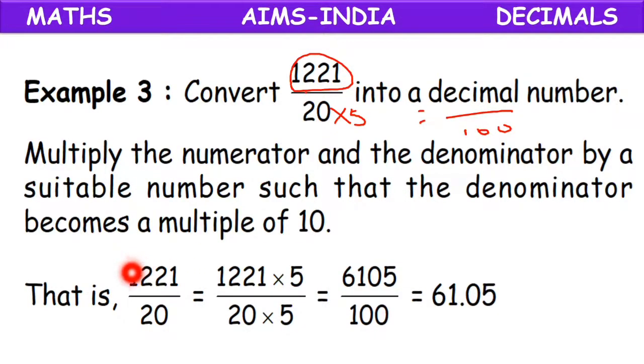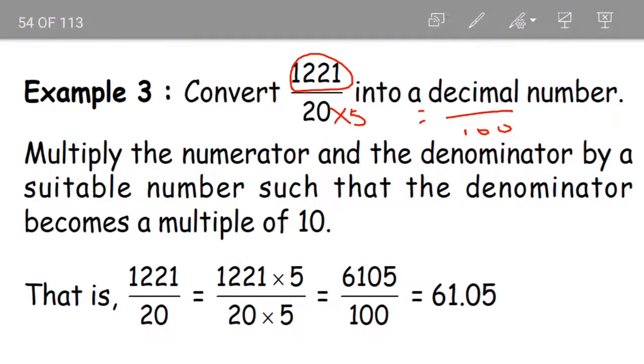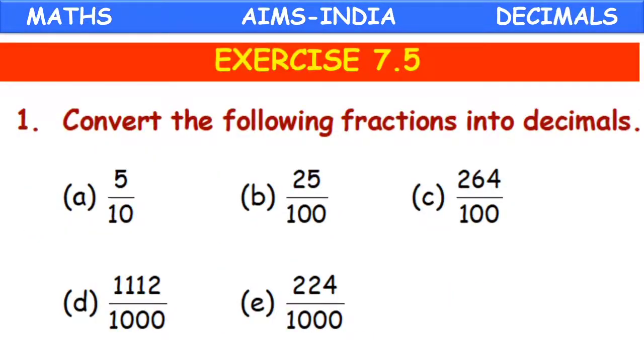See, 1221 into 5 divided by 20 into 5 is equal to our 61.05. Clear, children?